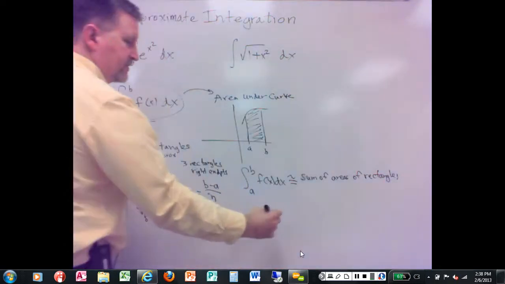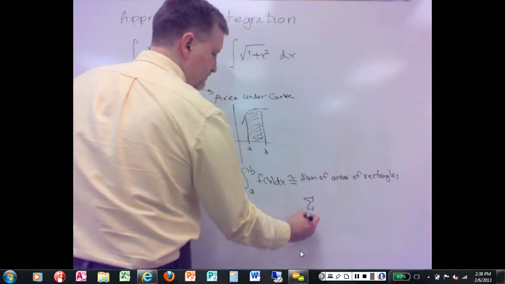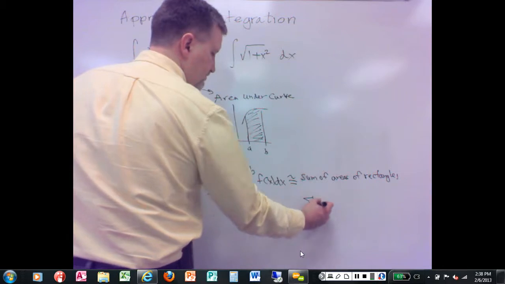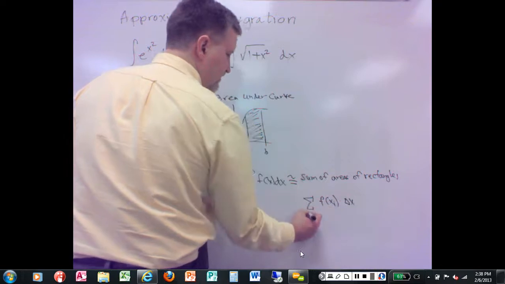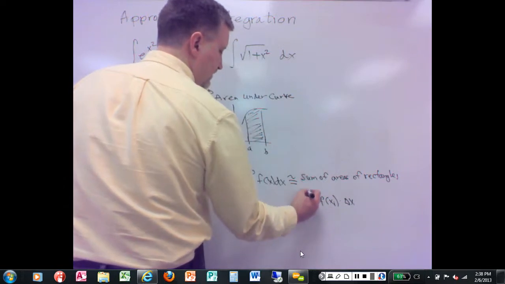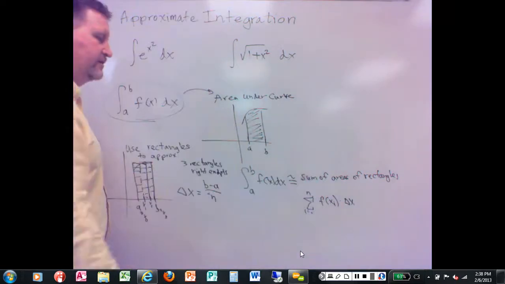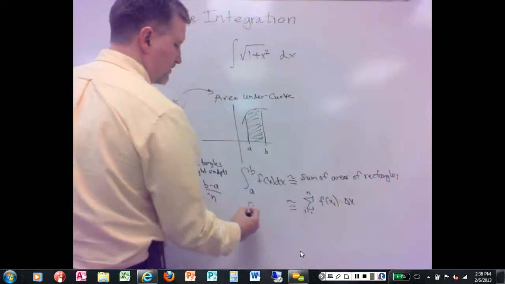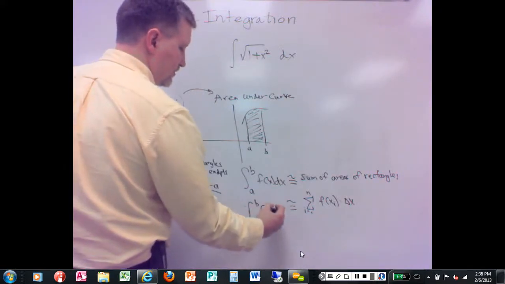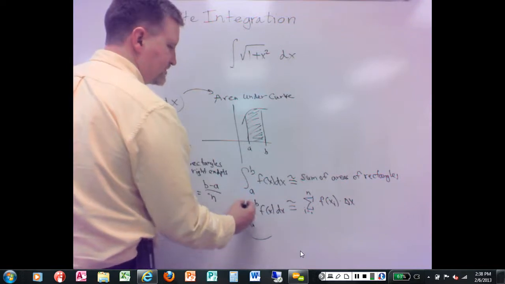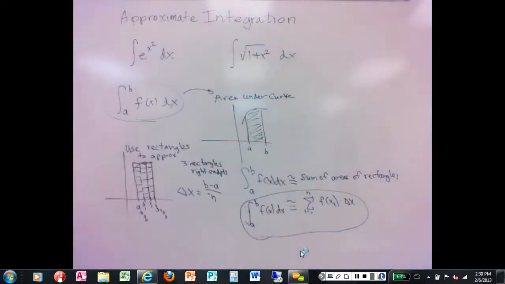Well, it was the sum of the f of x sub i's times delta x, i equals 1 to n, in this case 1 to 3. All right. So this was our approximate integration technique before. Recall all that.